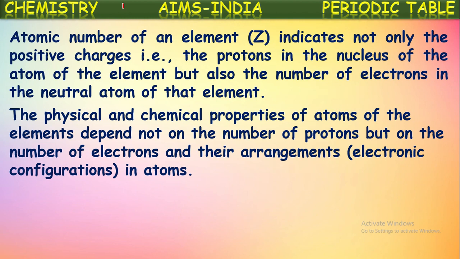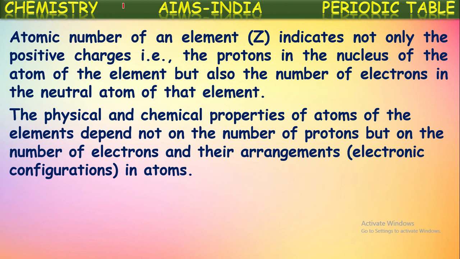The physical and chemical properties of atoms of the elements depend not on the number of protons, but on the number of electrons and their arrangement in the atoms. Yes, the chemical properties of an element depend upon the electrons revolving around the nucleus, but not on the number of protons present in the nucleus.